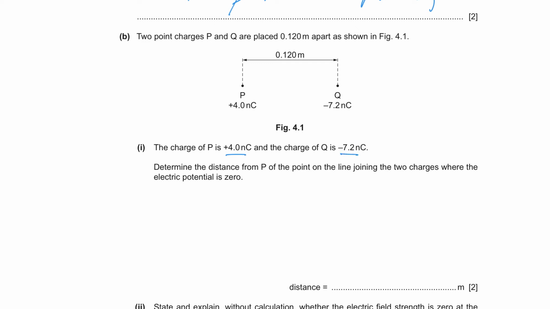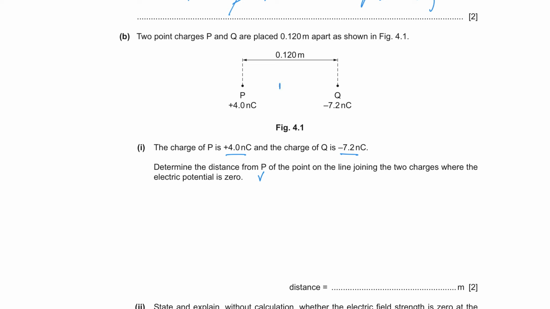Determine the distance from P of the point on the line joining the two charges where the electric potential is 0. Where is the electric potential V 0? Now let's assume V is 0 at this point.